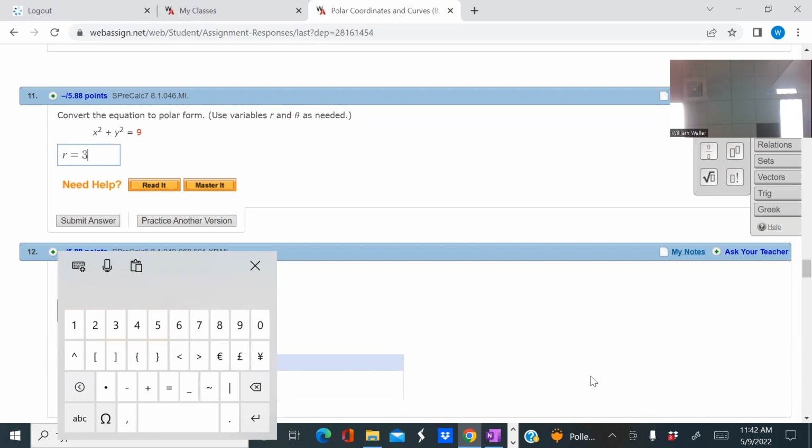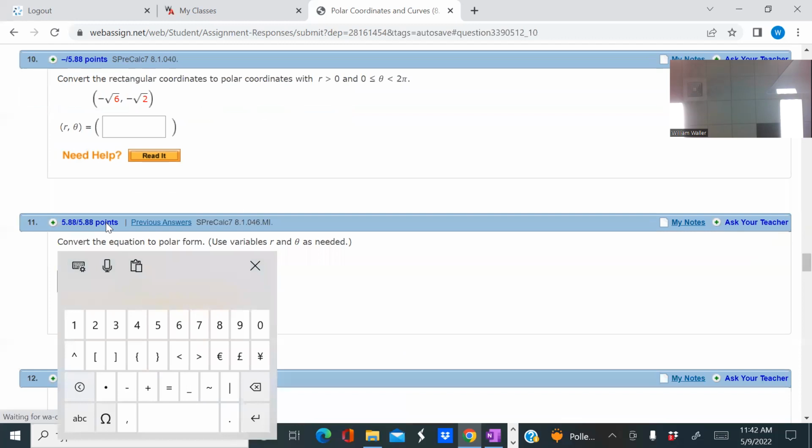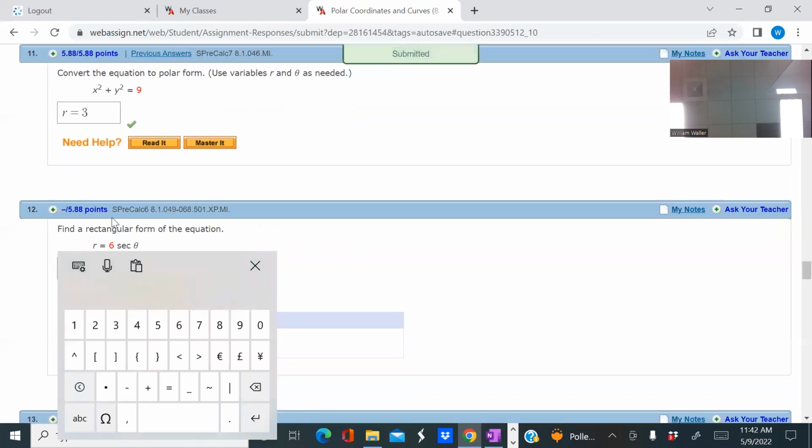That's very easy. Let's submit it and see if that's correct. Yeah, see. So you just have to notice there, oh, x squared plus y squared. Oh yeah, I remember that's the same as r squared.